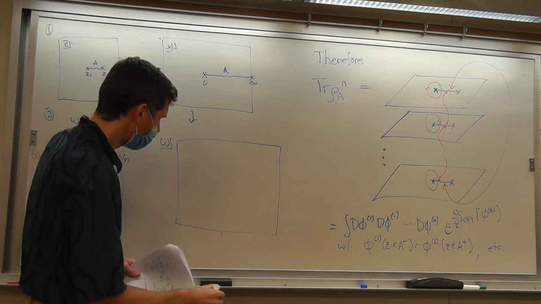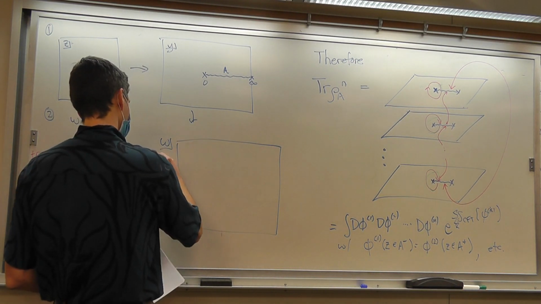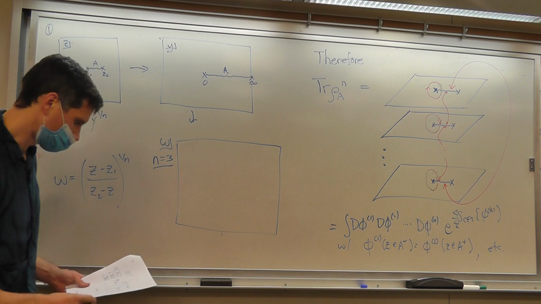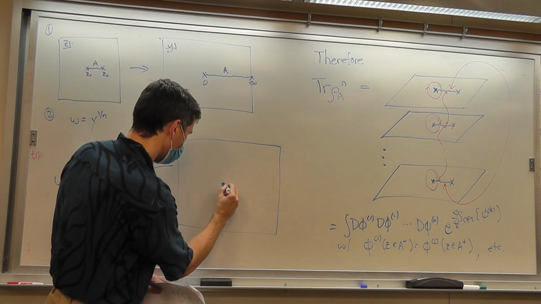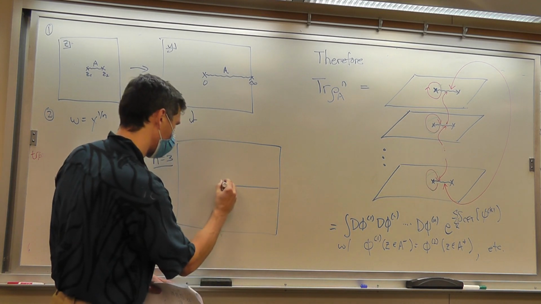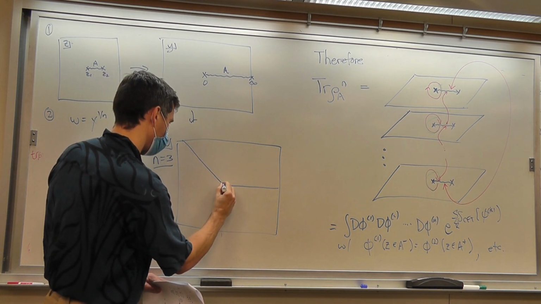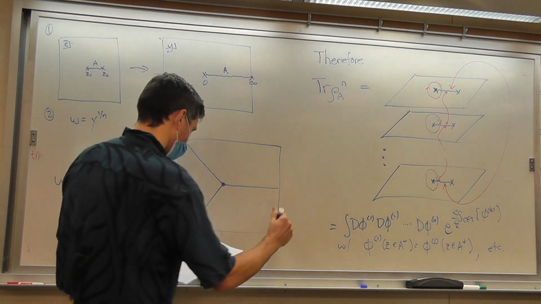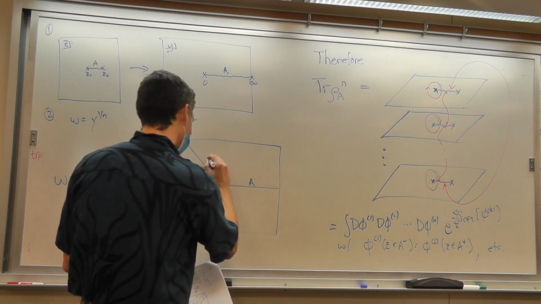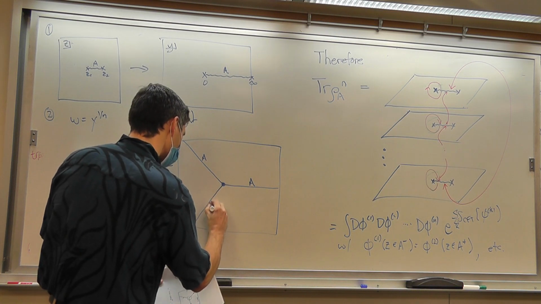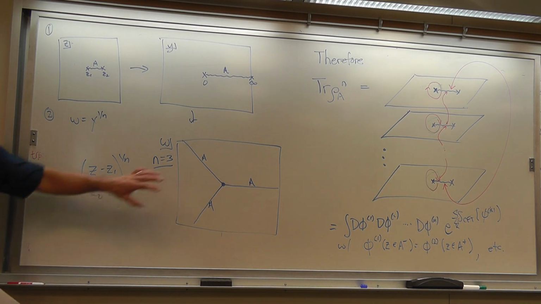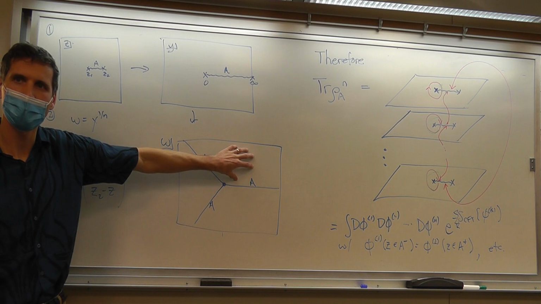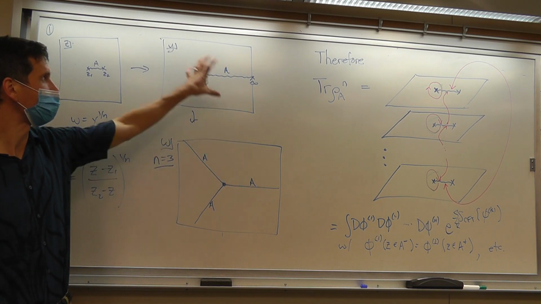And I'm going to draw this picture for n equals 3. So for n equals 3, it looks like this. This is region A, this is also region A, and this is also region A. So we've taken the cube root. This first patch of the w plane corresponds to the entire y plane.